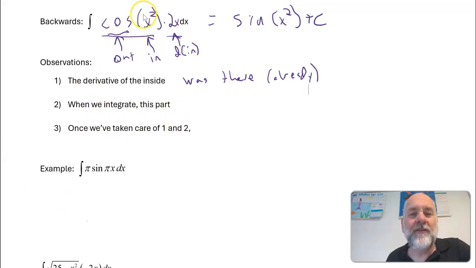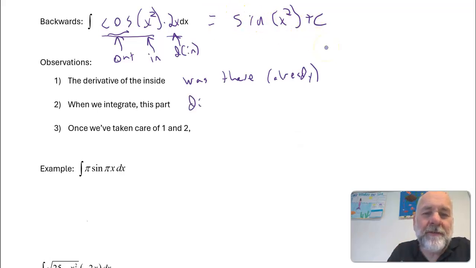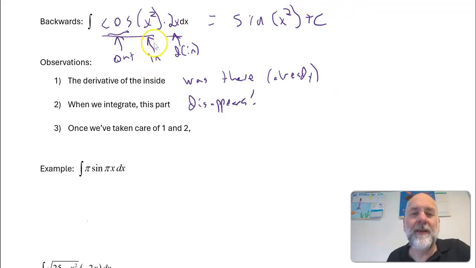When we integrate, when I go from this to this, notice that the 2x vanishes. It's just gone. So this part disappears. Weird. So we needed the derivative of the inside to be sitting there. And then when we integrate, that part just vanishes. That's why we don't have to actually do product rule.